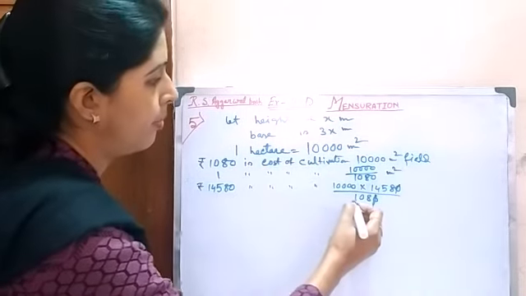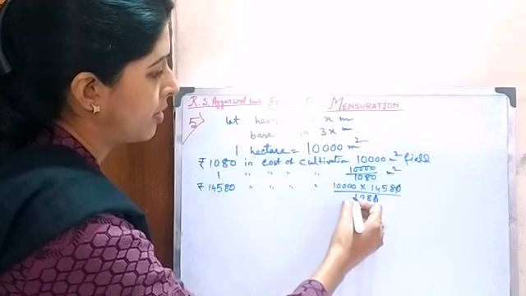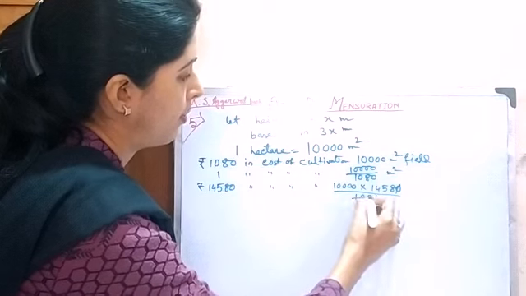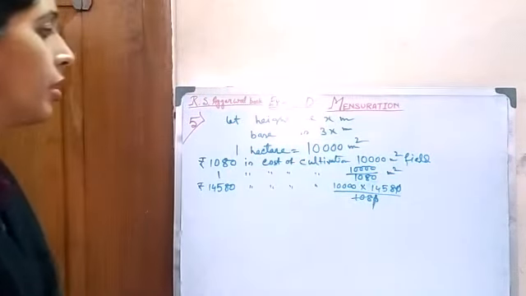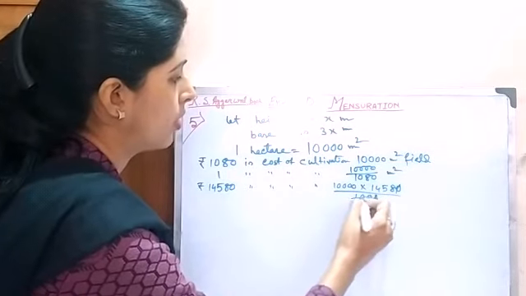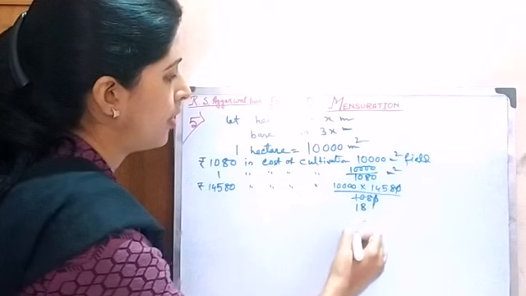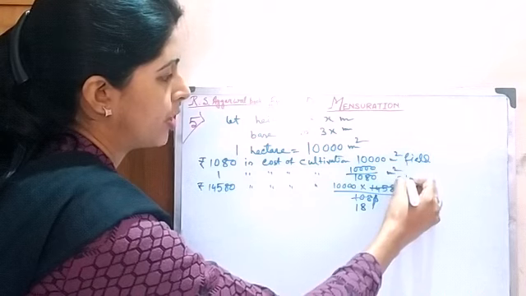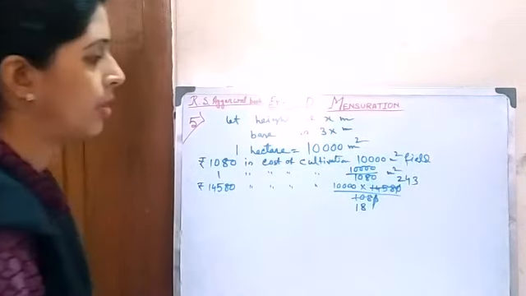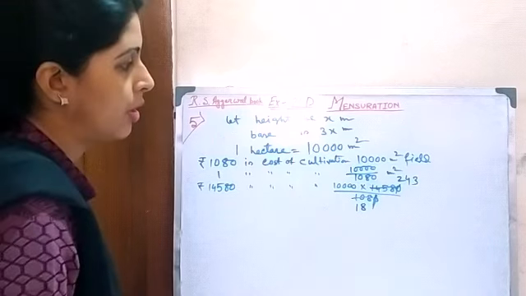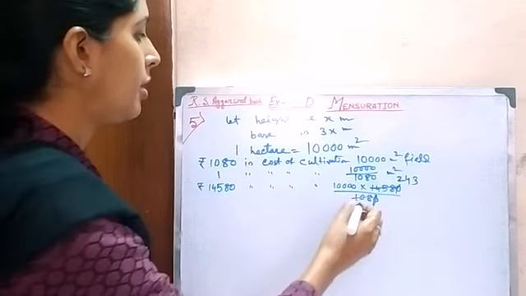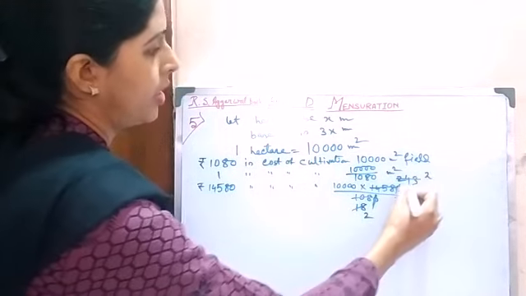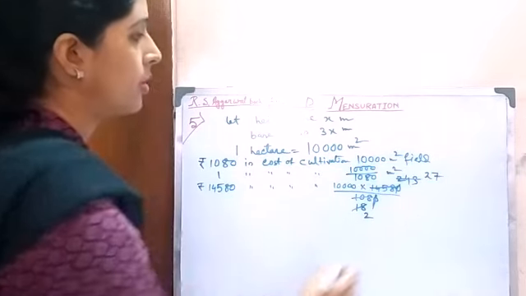Then by 6 we can calculate it. 6 1 to 6, 6 8 is 48, 6 2 is 12, 6 4 is 24, 6 3 is 18. Now by 9 it can be calculated. 9 2 is 18, 9 7 is 63.